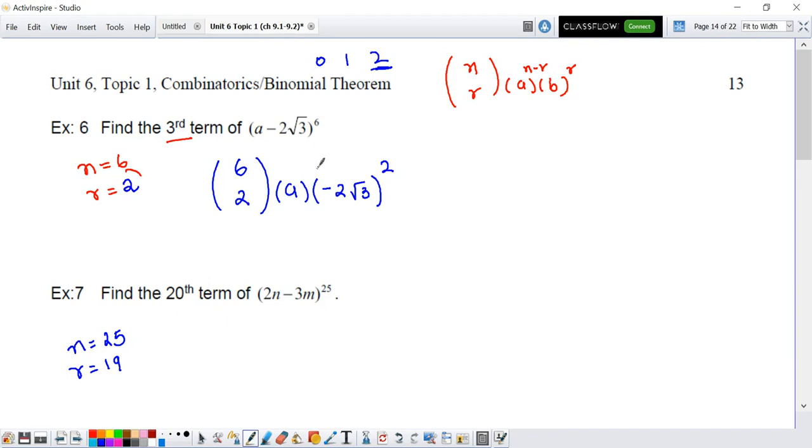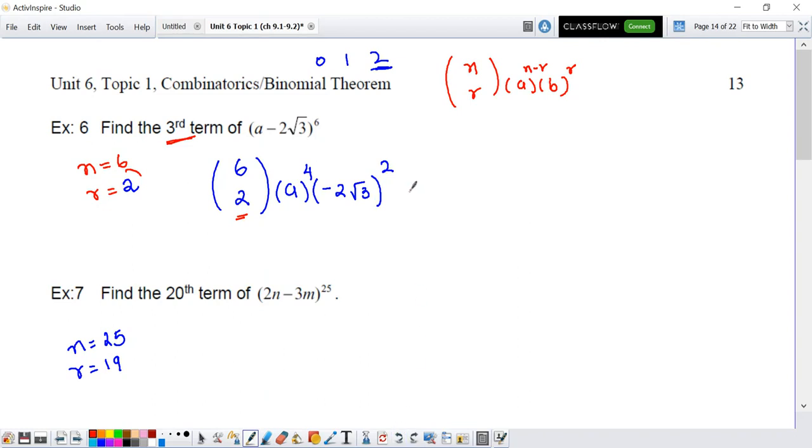These two numbers add up to 6, so this power has to be 4. It's a slightly different type of problem. Again, you are given the third term, so this is a 2. If that's a 2, this number goes there. 2 plus 4 is 6, and then you simplify further.